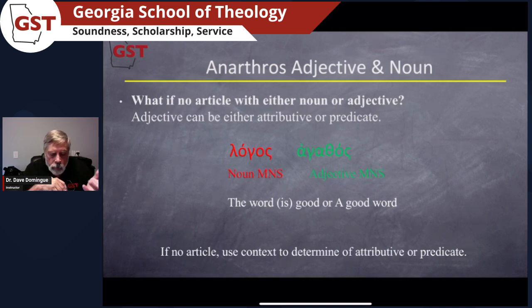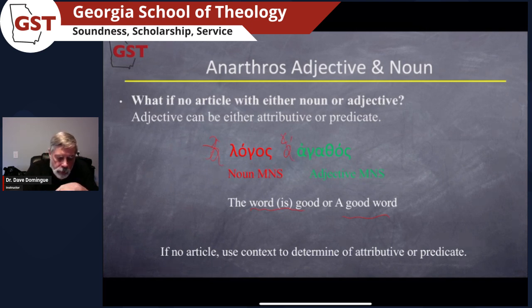There is not an article. If it was ho logos agathos, it would be the word is good. But there is no article there. So it could still be the word is good. We're not giving that qualifying information. If it was logos ho agathos, it would function attributively, the good word, or a good word in this case, because there's no article.